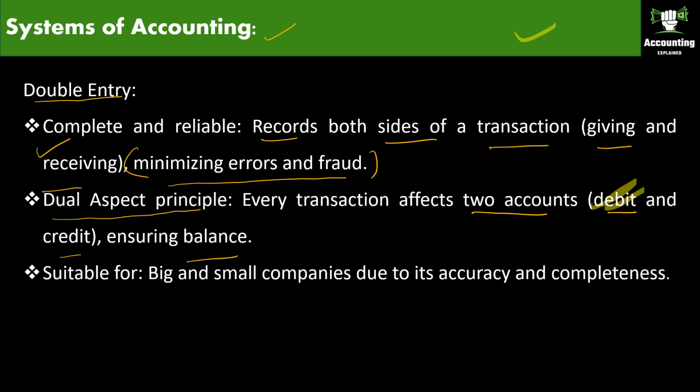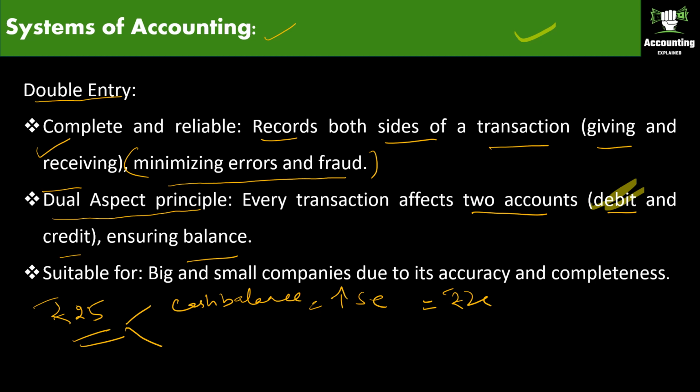This I will explain with an example, and we will take the same tea shop example as we had taken in the past two videos. Suppose you are going to sell tea, each cup of tea for rupees 25. This involves two concepts. Your cash balance will increase by rupees 25 when you sell one cup of tea.